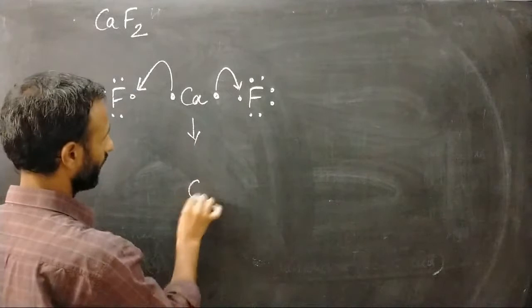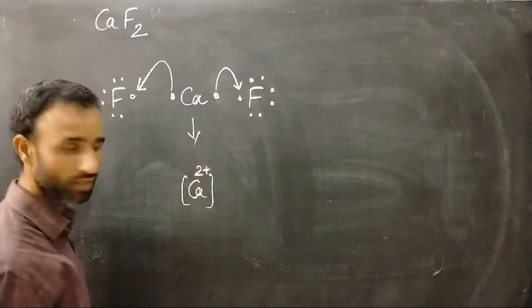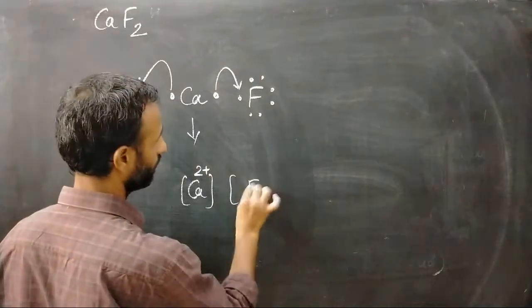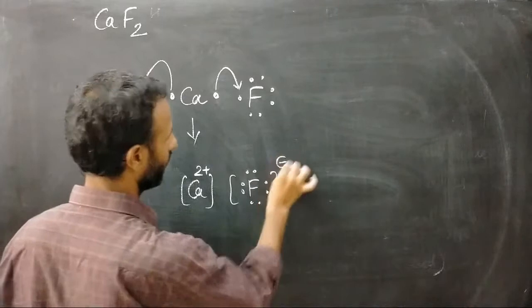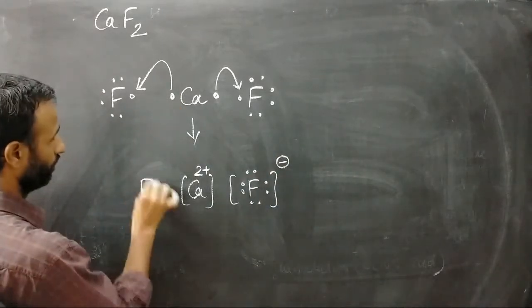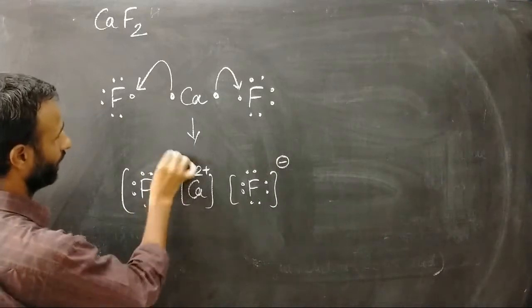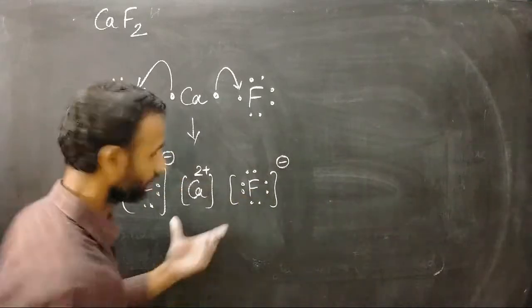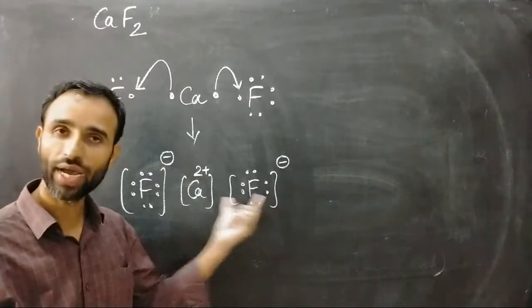So calcium is Ca 2 plus and F 1 negative, F 1 negative. In this way, the ionic bond is formed between calcium 2 plus and fluoride ion.